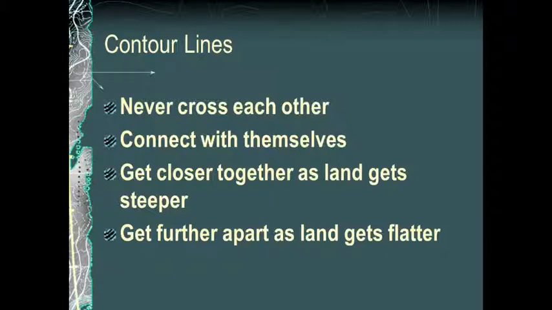Now we're talking about topographic maps, about elevation, height changing, so these never cross either. The lines will connect, and everything on that line is going to be the same height or the same elevation. When they get really close together, the land is very steep. If they're spread out, it's very gradual, it's flatter.